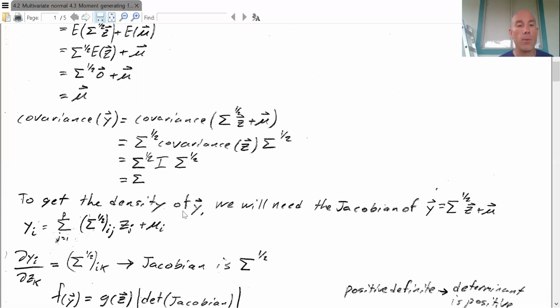Let's think about what Y is in terms of matrix multiplication. Y is equal to square root of sigma times Z plus mu.